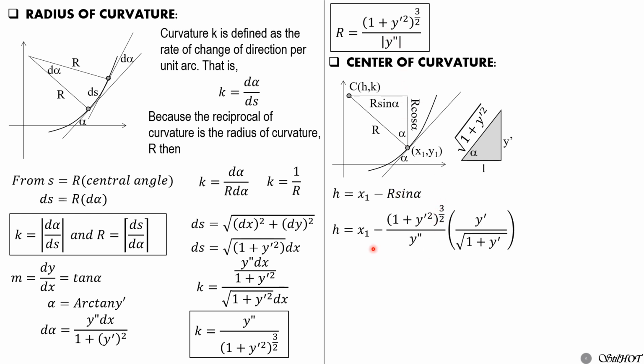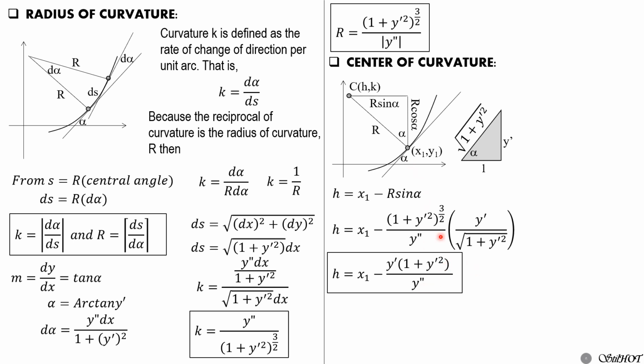So h equals x1, quantity minus r. Then sine alpha from this right triangle is opposite y prime over the square root of 1 plus y prime square. So we can cancel the square root of 1 plus y prime square, leaving 1 plus y prime square to the 1. And therefore h is x1 minus y prime times 1 plus y prime square over y double prime.